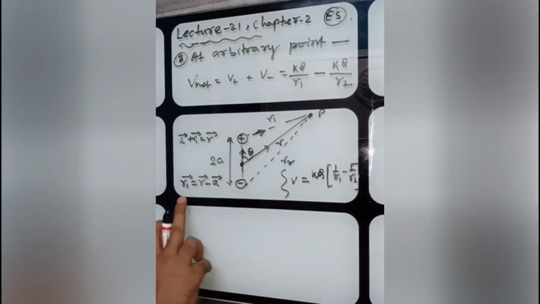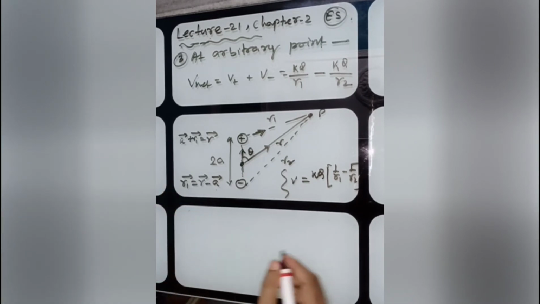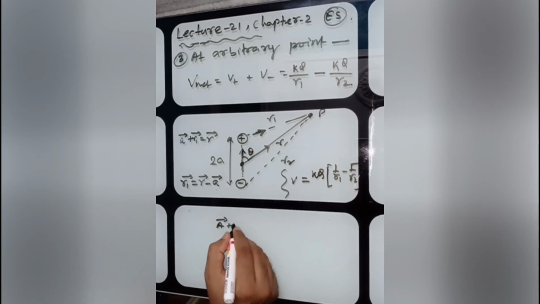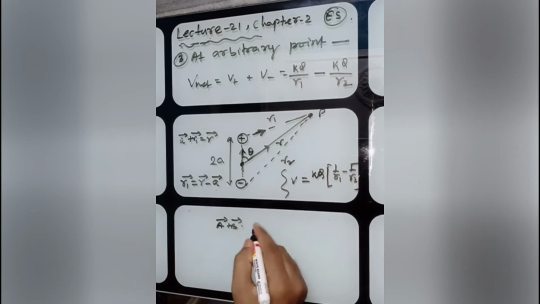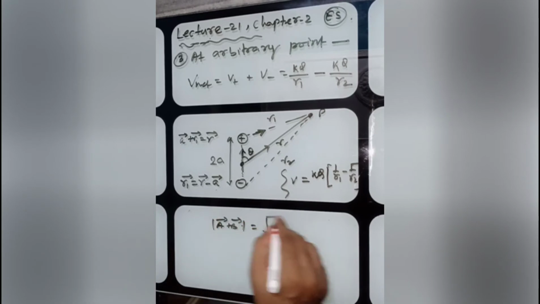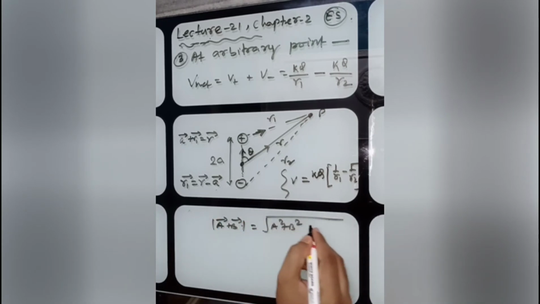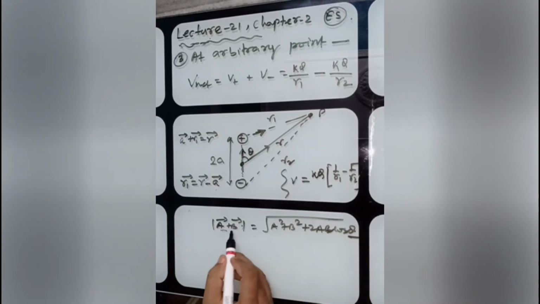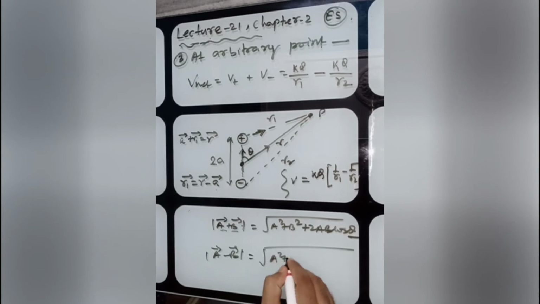Okay, now you have to find the magnitude of R1. As we have studied already, if it is vector A plus vector B, then the mod of this vector can be written as root of A square plus B square plus twice AB cos theta, where theta is the angle between A and B. If it is mod of A minus B, try to recall, it is A square plus B square minus 2AB cos theta. The same we are going to use here.